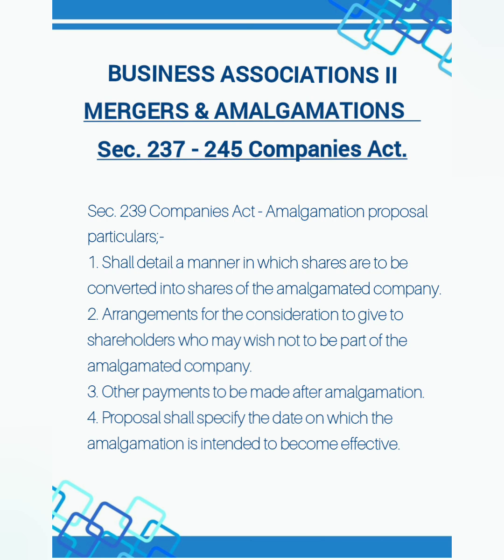So they're telling us that under the amalgamation proposal, these two companies must come to an agreement on how the shares shall be converted into that new company they intend to do what?